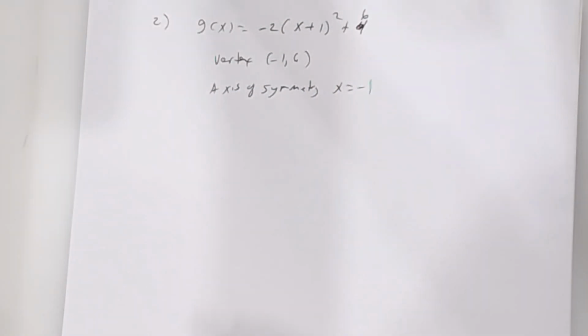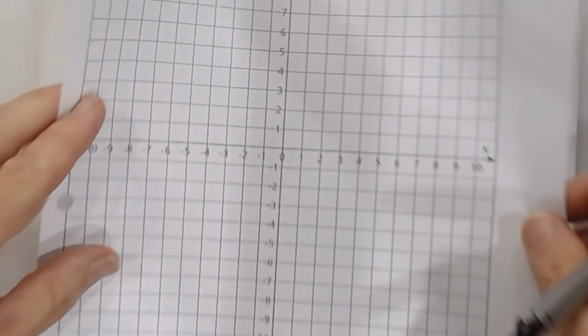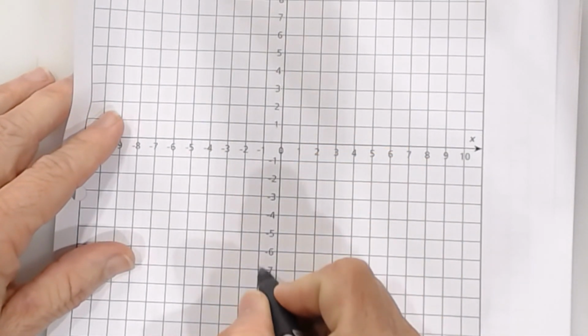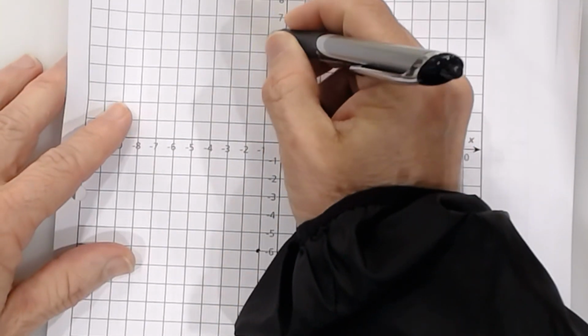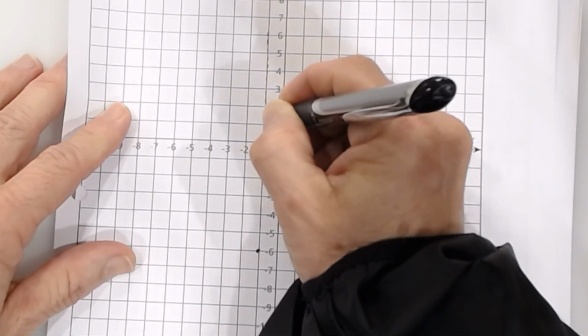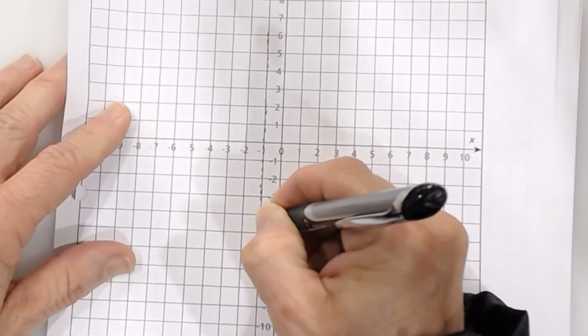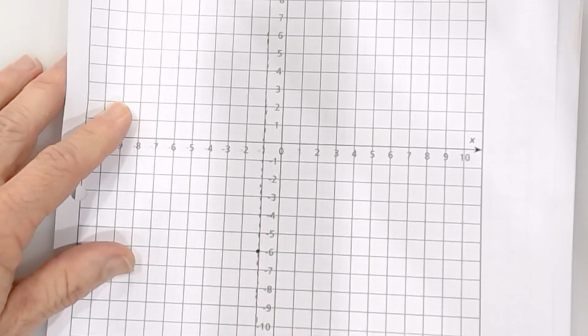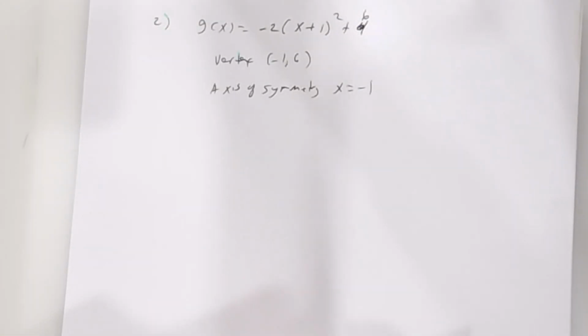All right. So at this point, at some point you can be asked to graph this. So I have the vertex, which is negative 1, 6. So that's here. I'm going to draw my axis of symmetry, this dotted line. Now remember, the axis of symmetry always goes through the vertex.